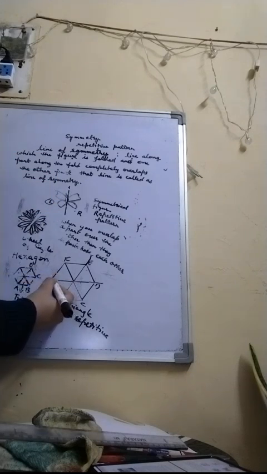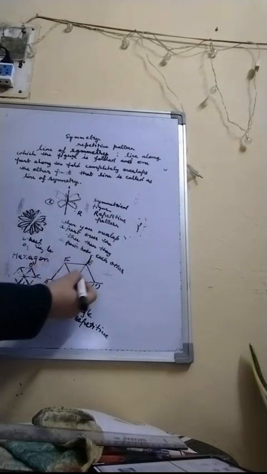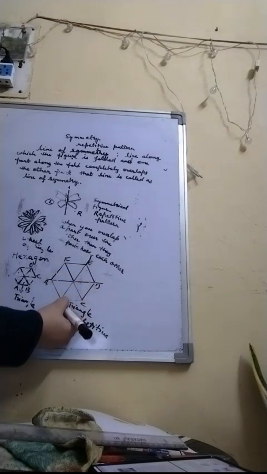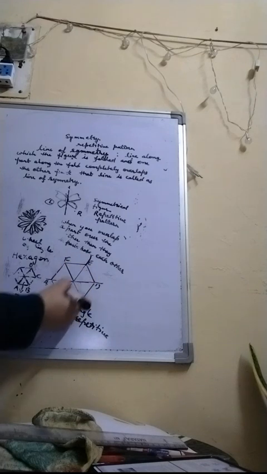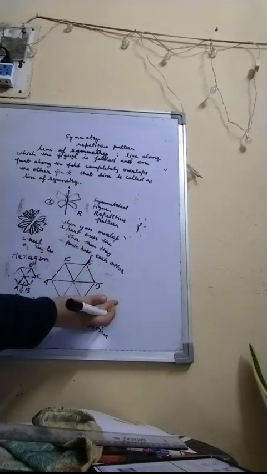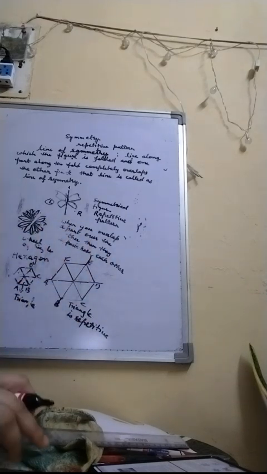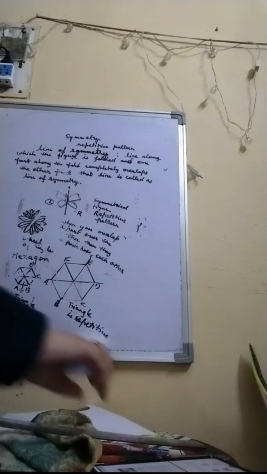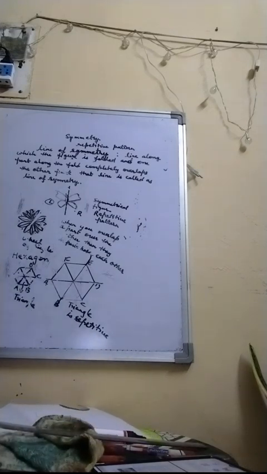Similarly here I have explained already that if you take EB as a line of symmetry, you would fold the hexagon and the two parts would completely overlap each other.